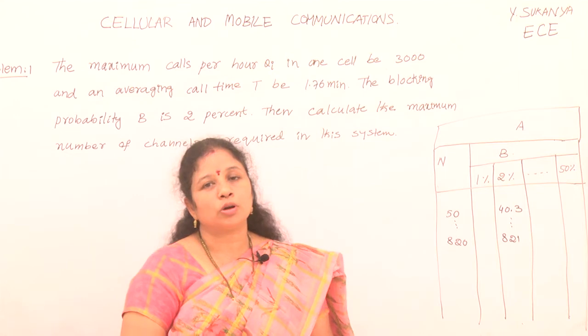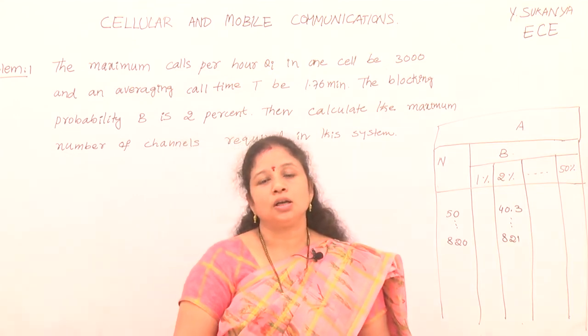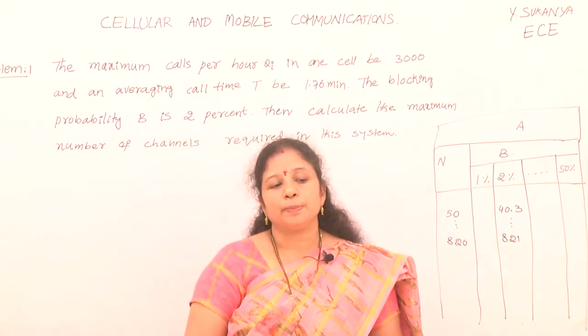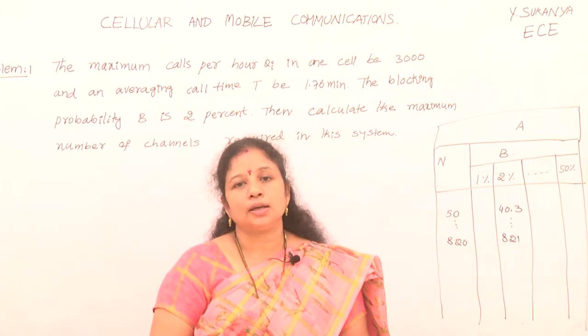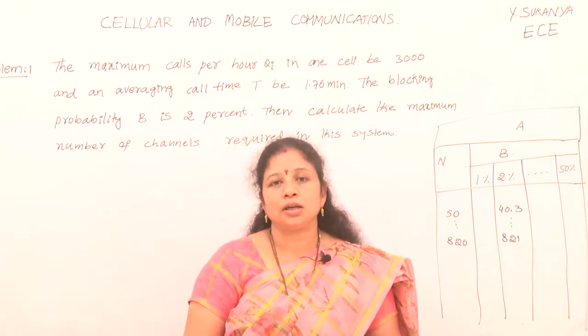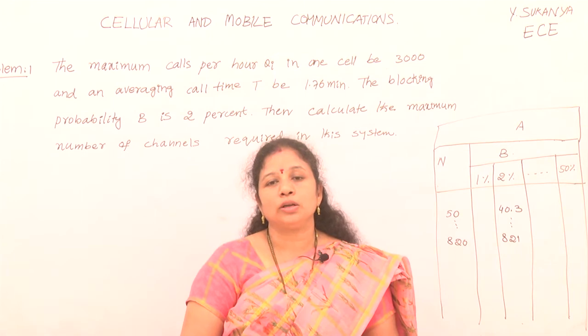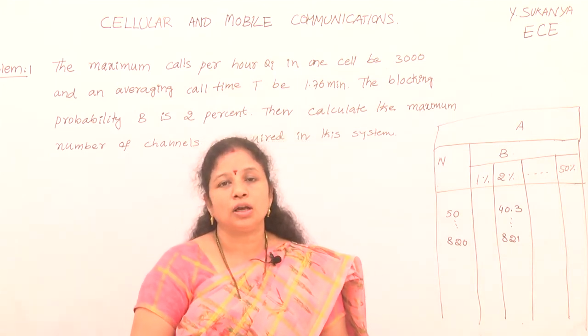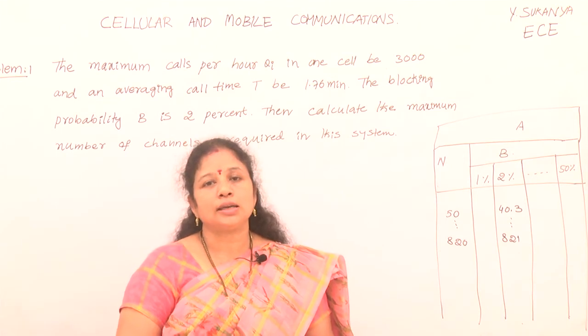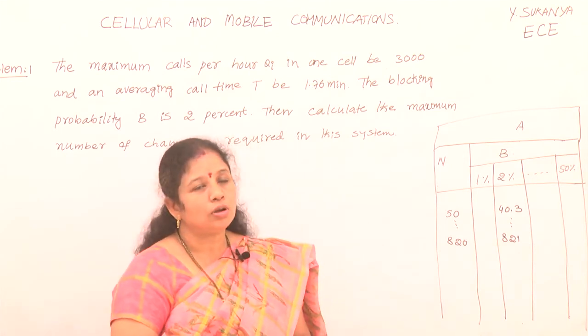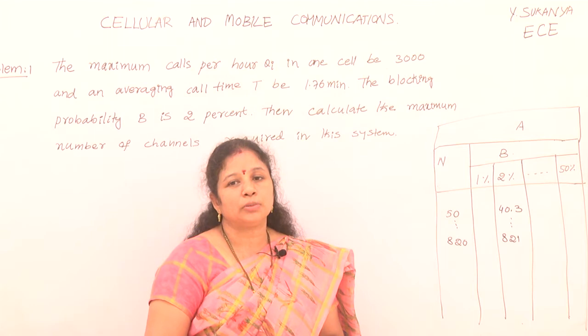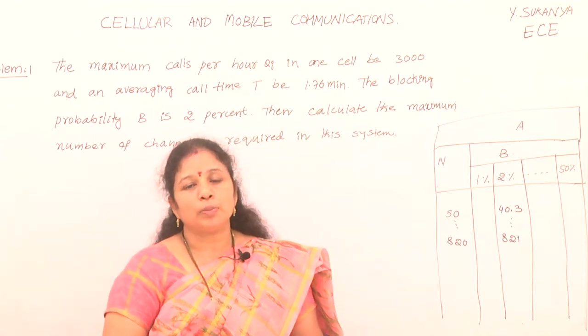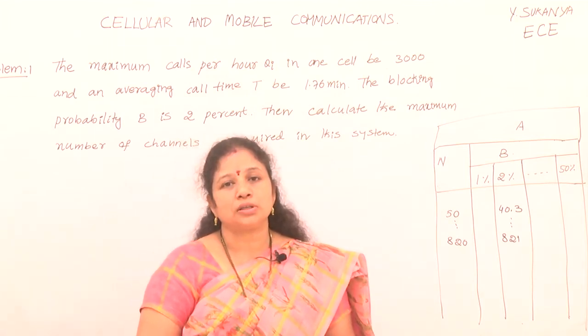This blocking probability will be decided based on the type of coverage, whether the cell tower is in hilly terrain or in plain terrain. Based on that, this blocking probability will be decided before the implementation or designing of the system itself. So B is also an important parameter that represents the blocking percentage.